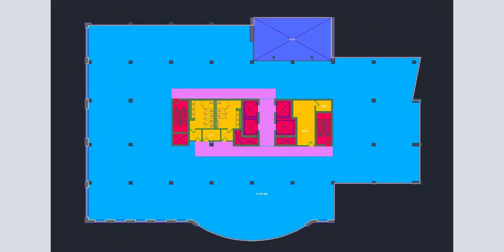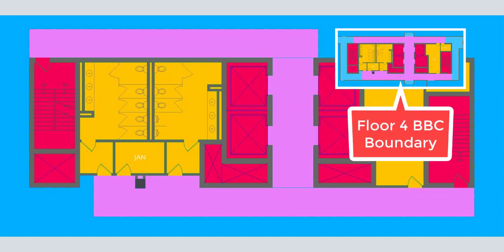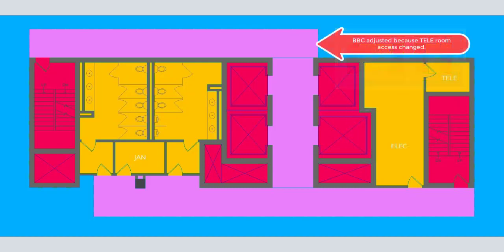Where no tenant walls exist, the boundary can be set by copying the most common corridor configuration throughout the building. When doing this, it's important to remember to adjust the BBC to account for possible changes to stair, elevator, or service room access.